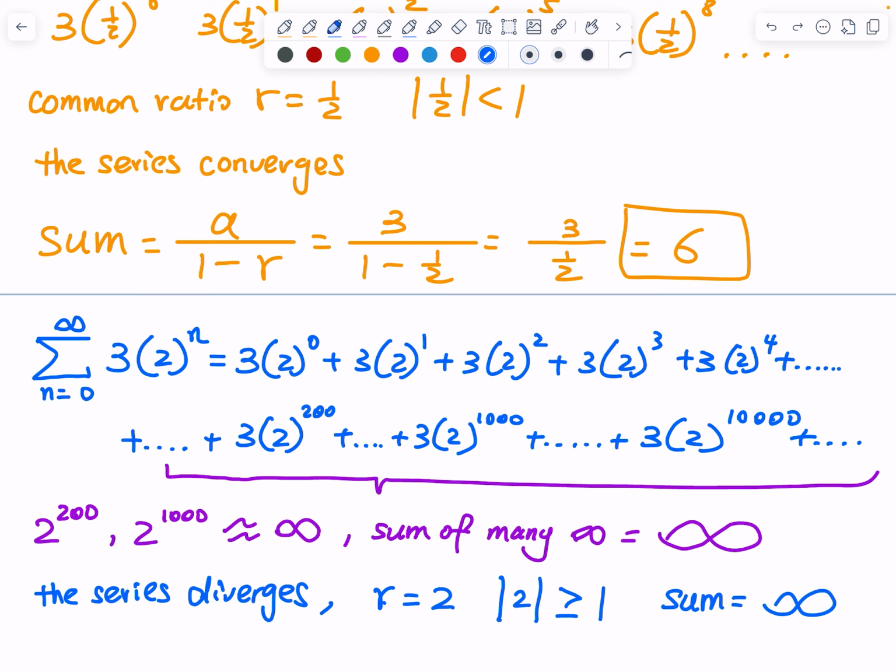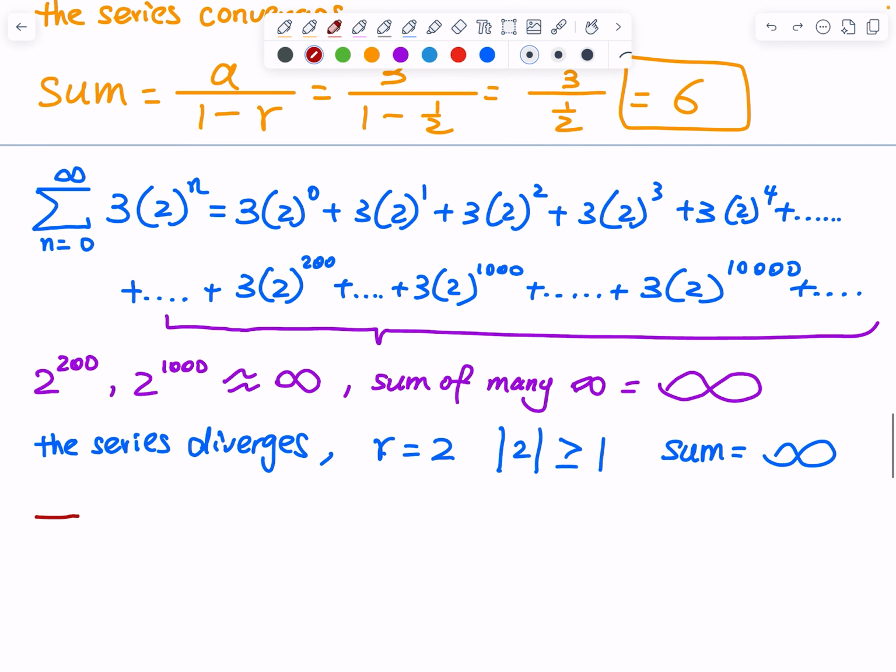But can we add 2 geometric series together? Yeah, we can do that. So let's do another example. I have a summation n equals 0 to infinity, 0.25 to the nth power plus 6 to the nth power. This one is just like the integral of 2 terms. You can break that down into 2 individual integrals.